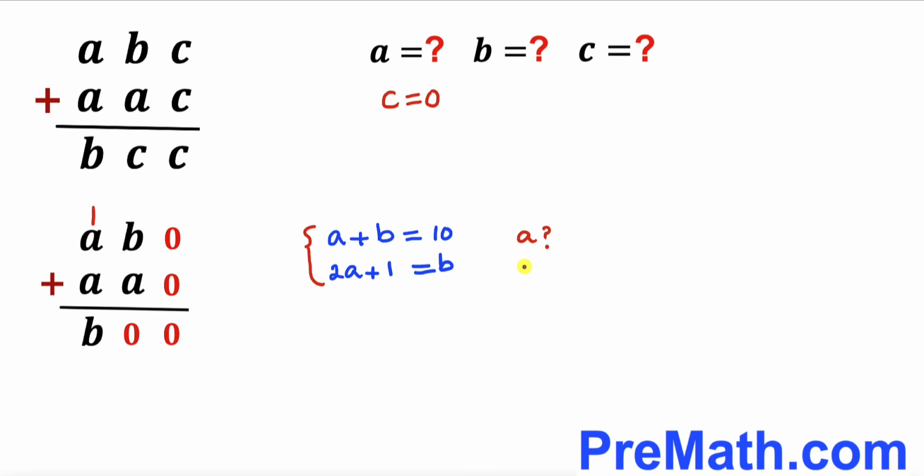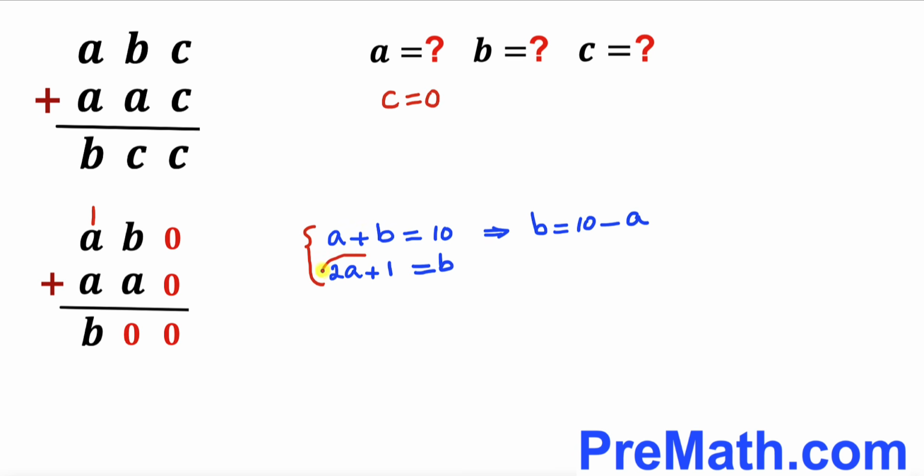Let's focus on the first equation, A plus B equals 10. If I move A to the other side, our B value is equal to 10 minus A.